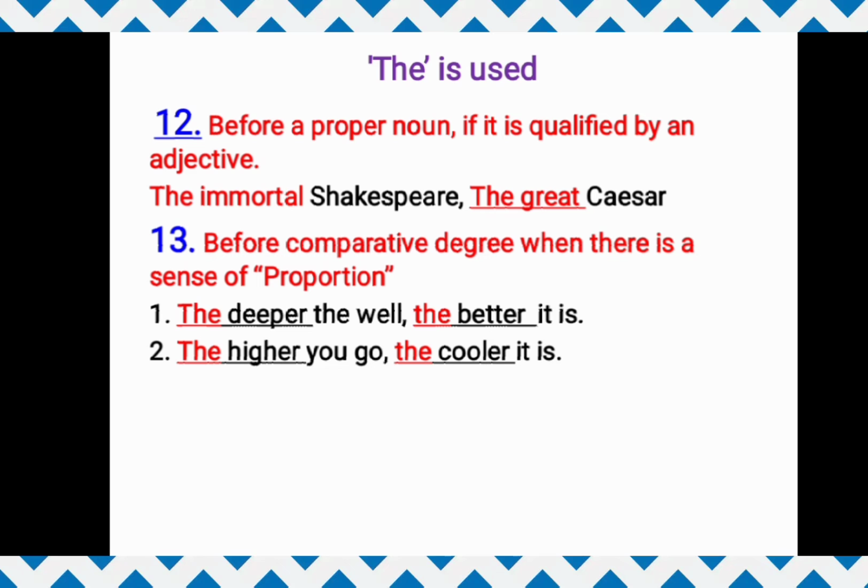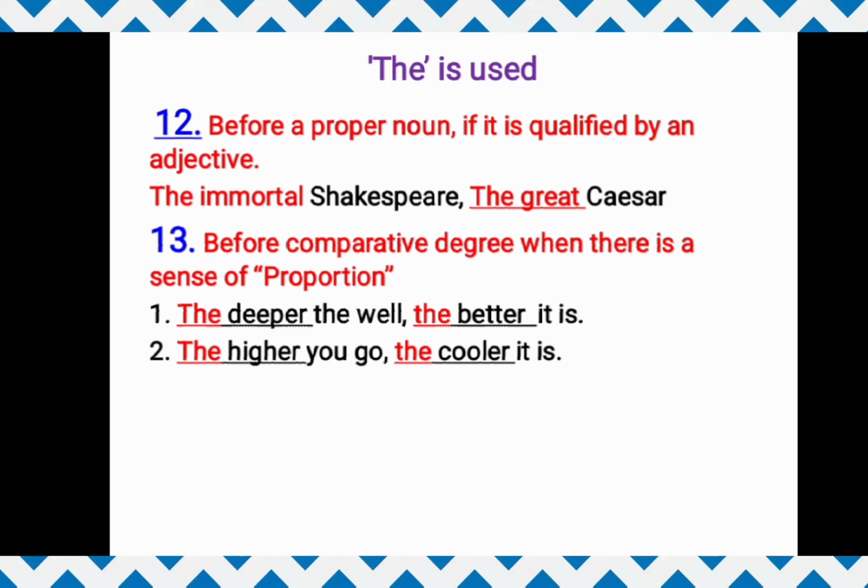That is also proportion, and comparative when there is a sense of proportion. Here the second example uses a comparative degree, and here is a sense of proportion. In the first example, the deeper the well, the better it is, deeper is a comparative degree, and better is also a comparative degree.